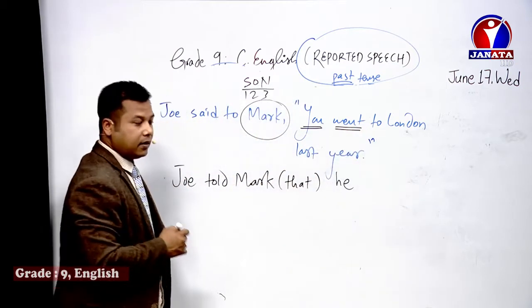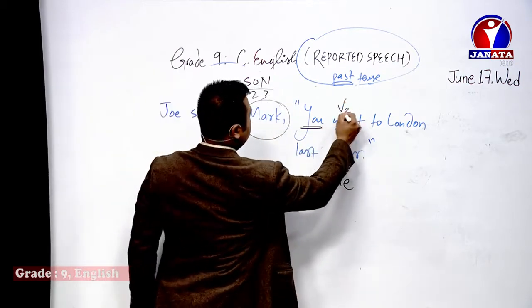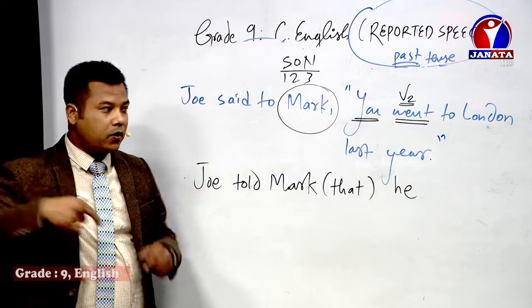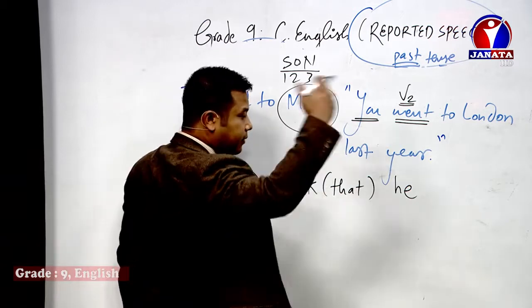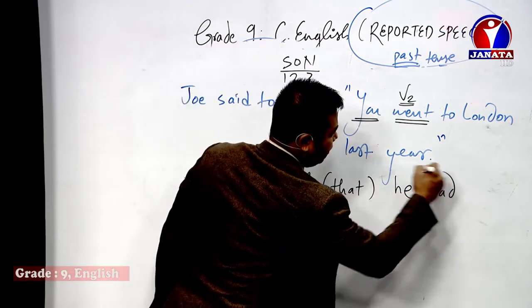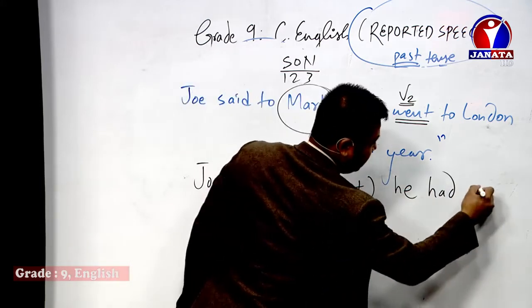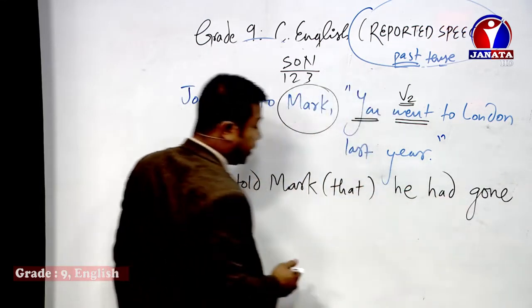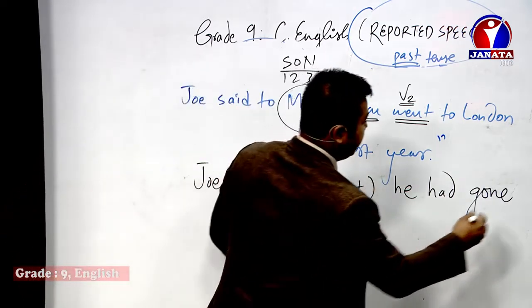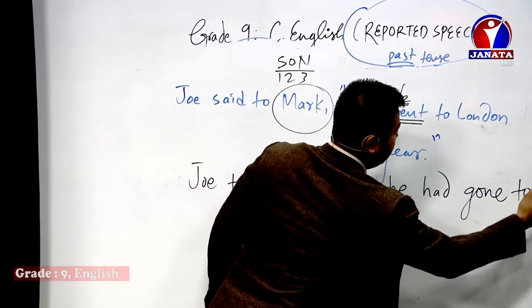Tense is went. This is verb 2, and past tense changes into its respective one step jump. I told you that. And what is the past perfect of went? It's had gone. And your answer would become now, Joe told Mark that he had gone to London.